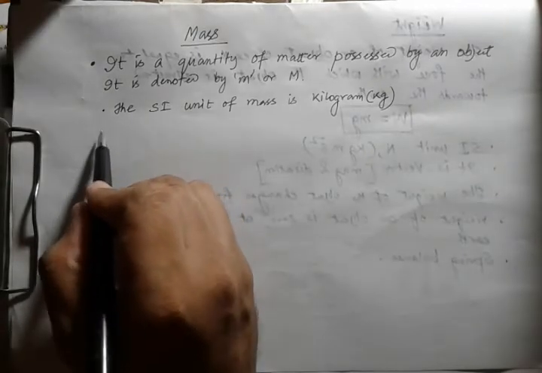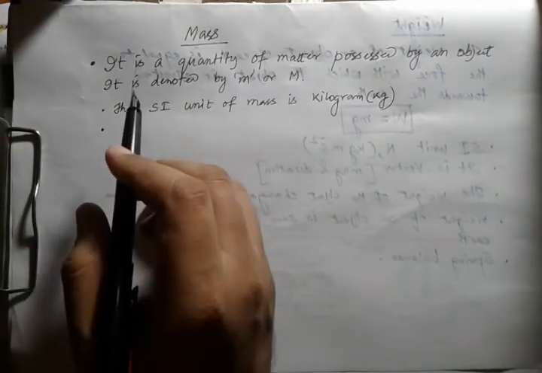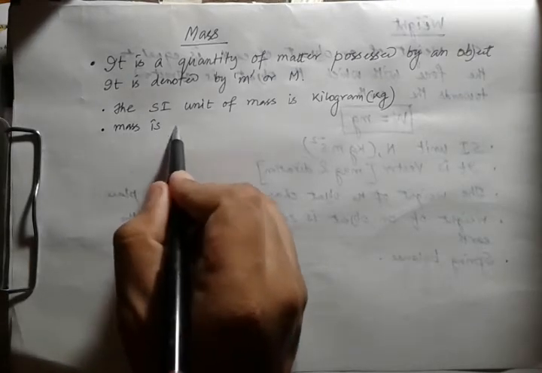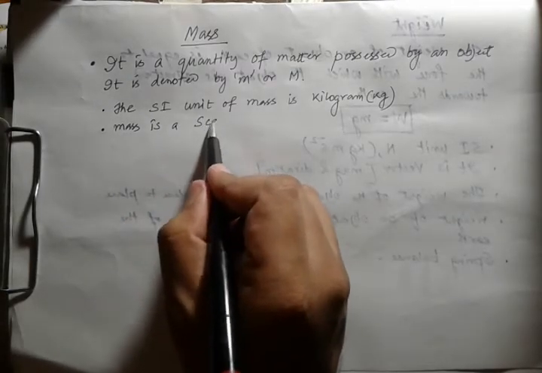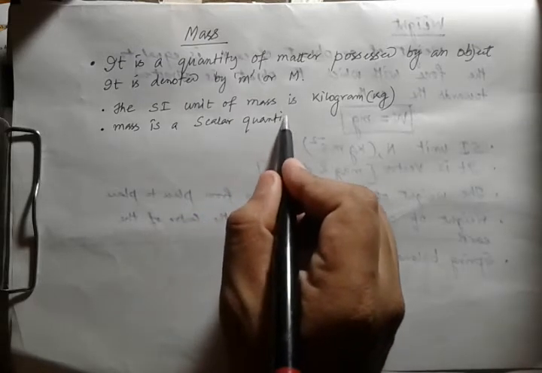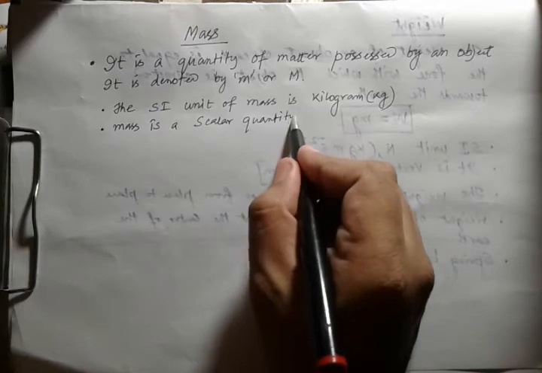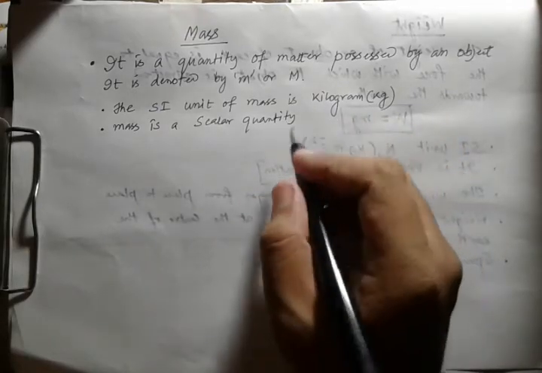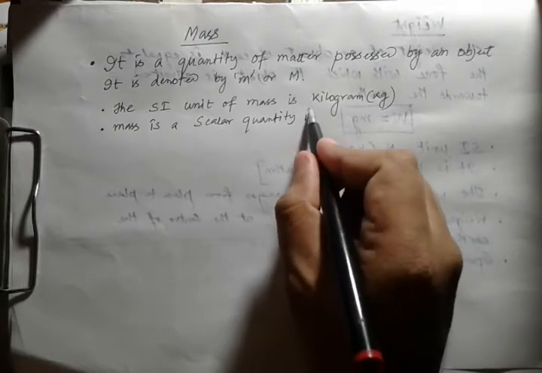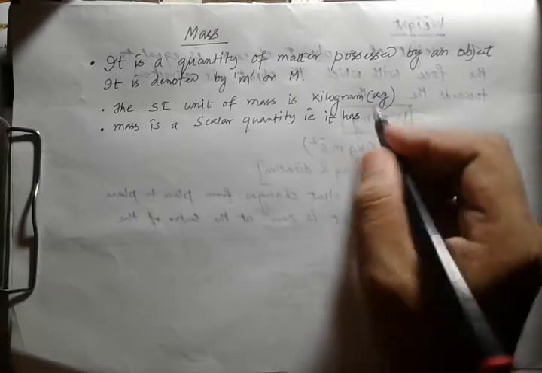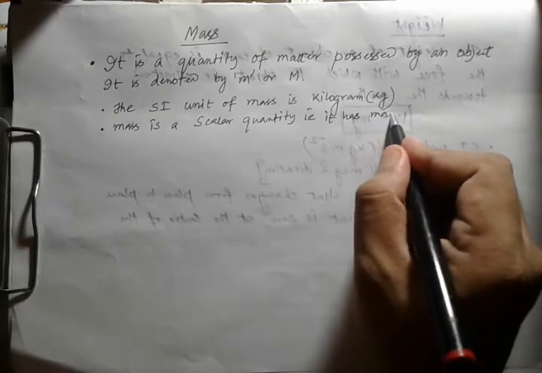The next one is mass is a scalar quantity, because it has magnitude only.